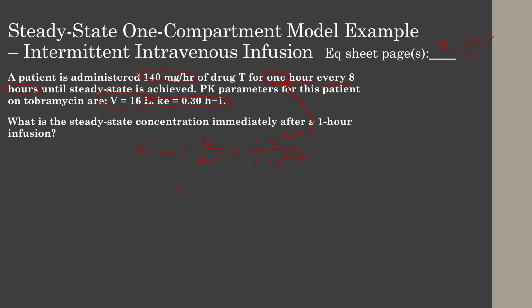So K naught is 140 milligrams per hour over KE, which is 0.30 hours to the negative 1, times V, which is 16 liters.